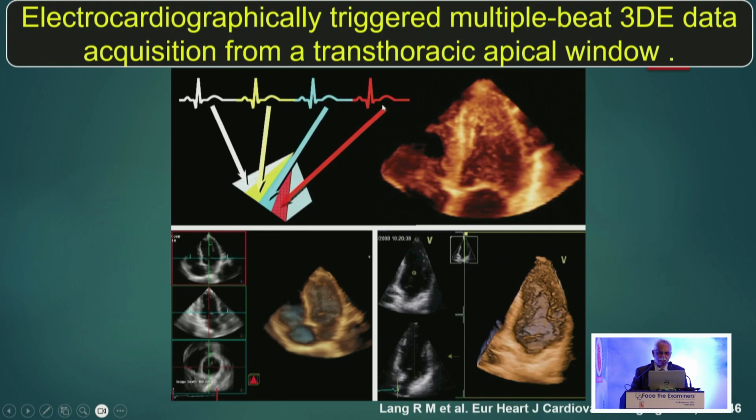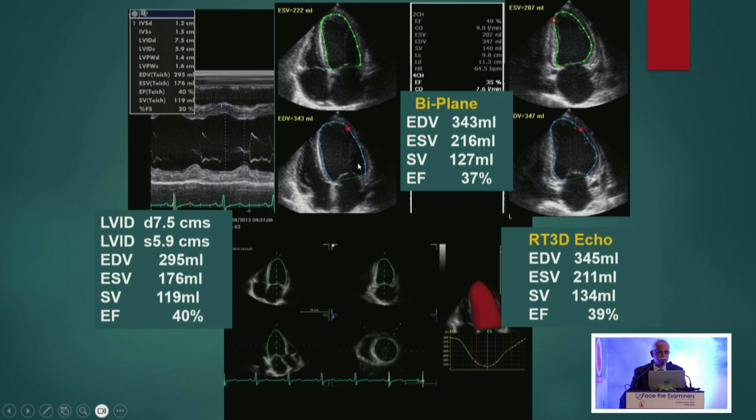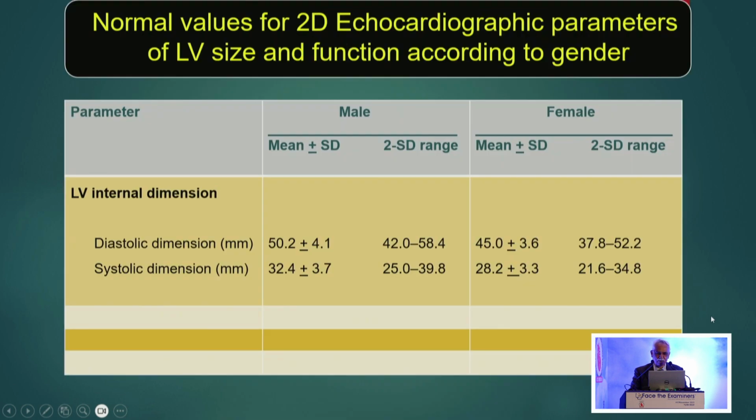And in the three-dimensional echocardiogram, we can use the whole volume pyramid, and from that we can calculate the left ventricular volume in diastole and systole and calculate the ejection fraction. So use the two-dimensional echocardiogram. If you have a three-dimensional echocardiogram, that will be an added advantage.